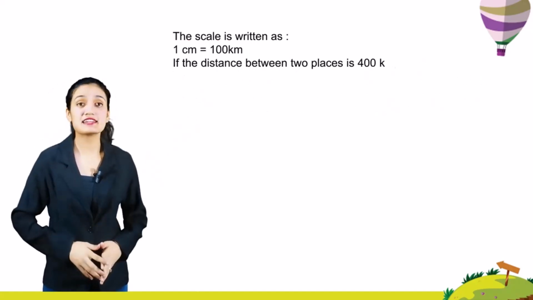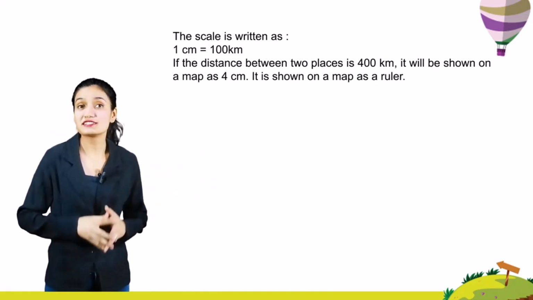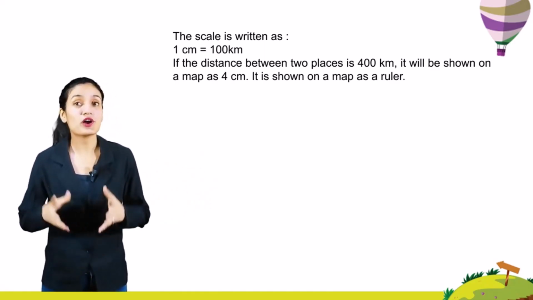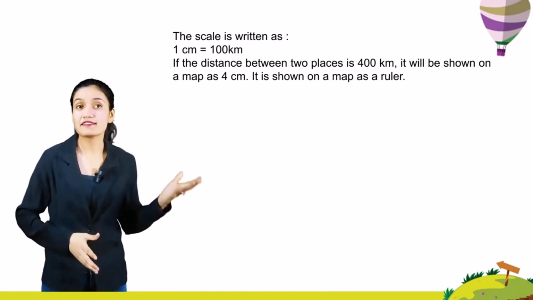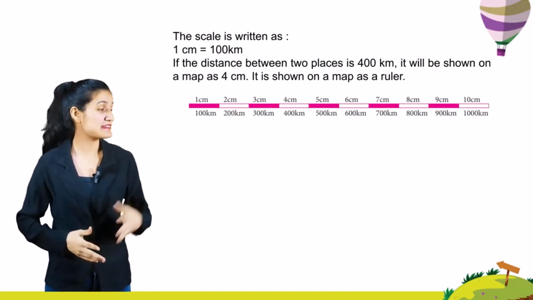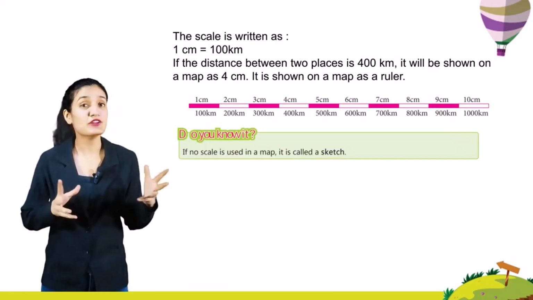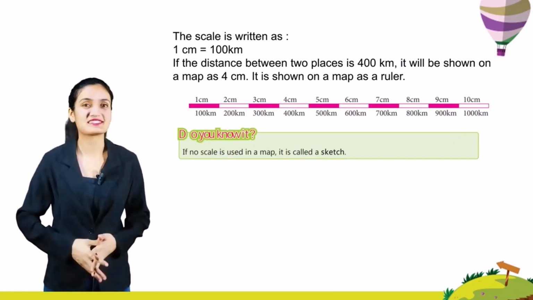The scale is written as 1 centimeter is equal to 100 kilometer. If the distance between two places is 400 kilometer, it will be shown on a map as 4 centimeter. It is shown on a map as a ruler. Here you can see a ruler. Now kids, did you know it? If no scale is used in a map, it is called a sketch.